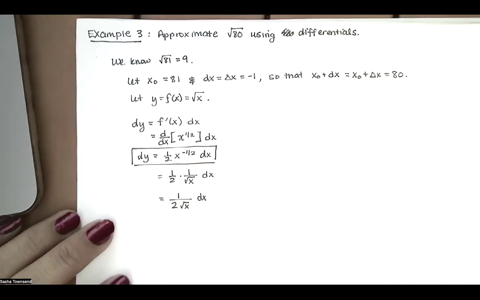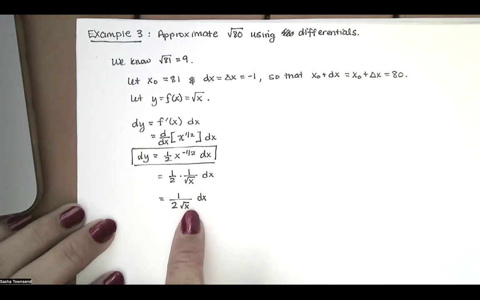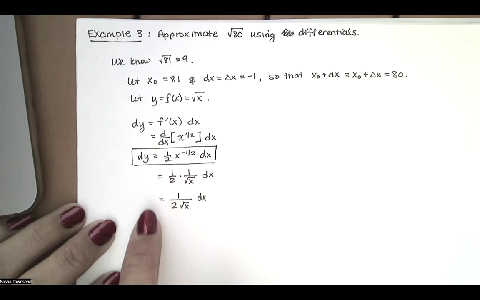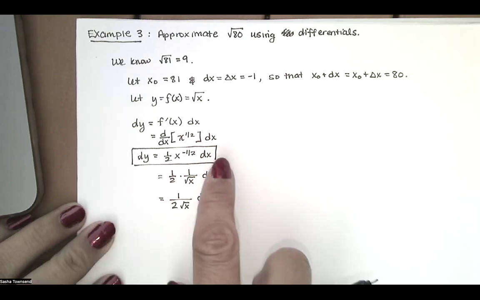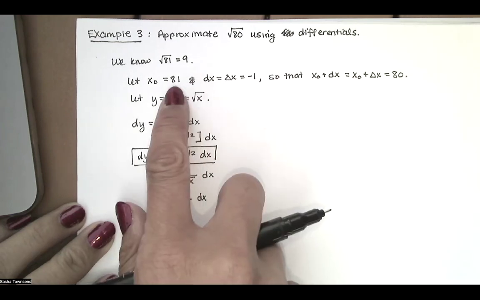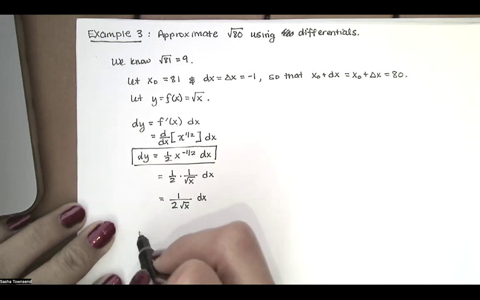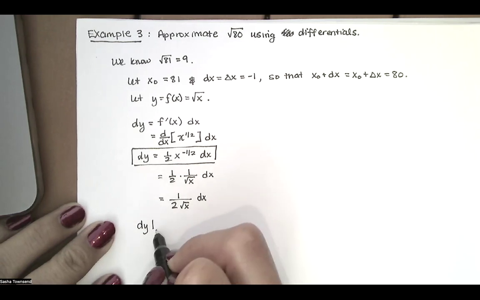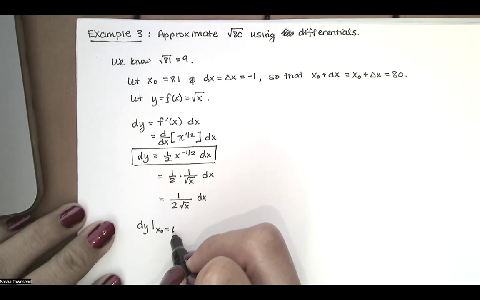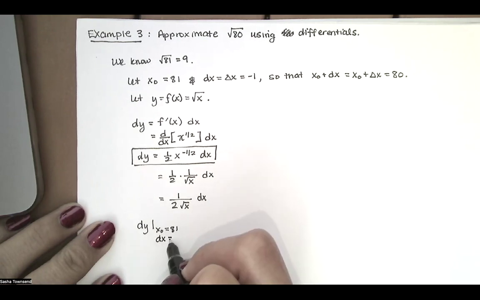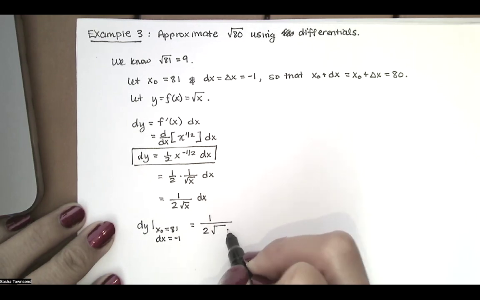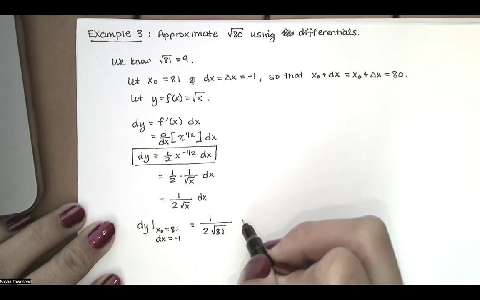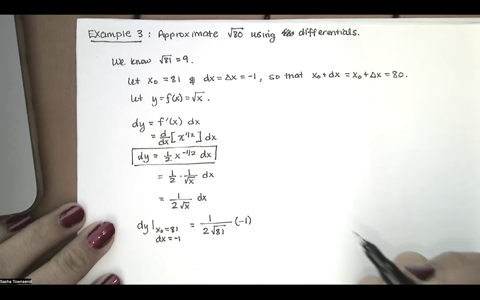So we know that dy is equal to this, which is equal to that. And then we say, okay, what is the expected change in y using the tangent line approximation as x changes from 81 to 80? Well, in order to find that, we'll evaluate dy at x naught equals 81 and dx equals -1. So we'll have 1 divided by 2 times the square root of 81, times that dx, which is -1.